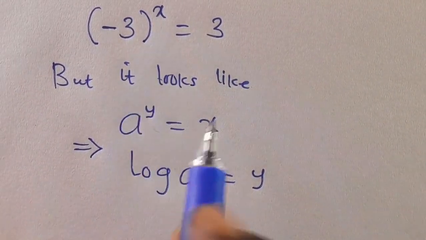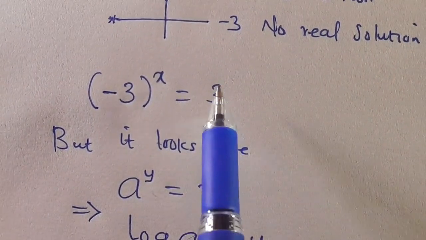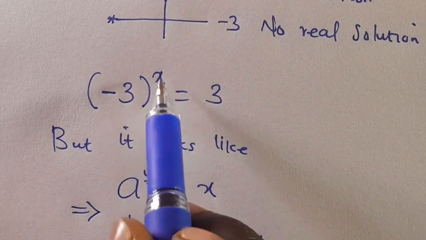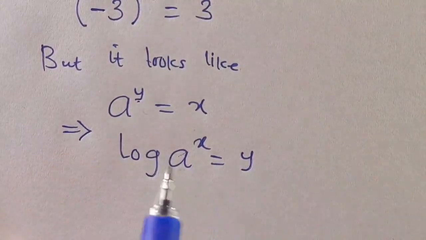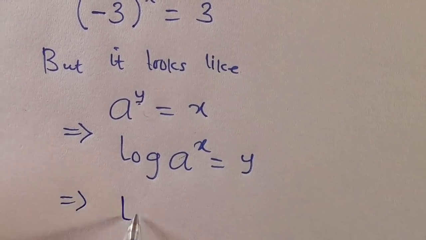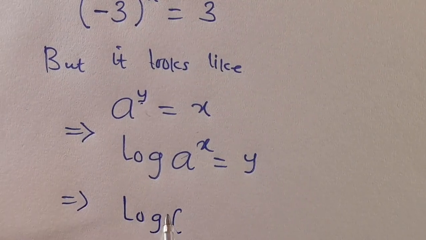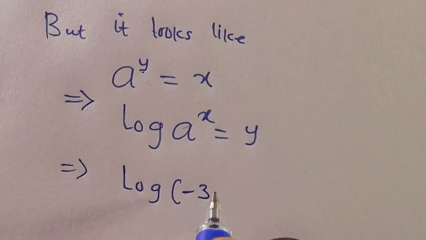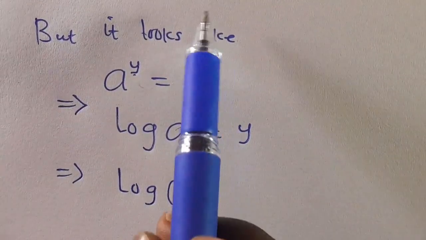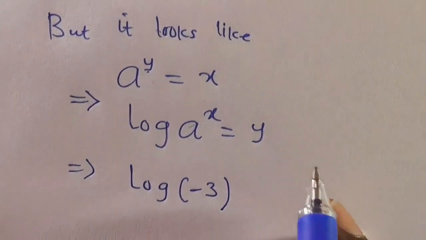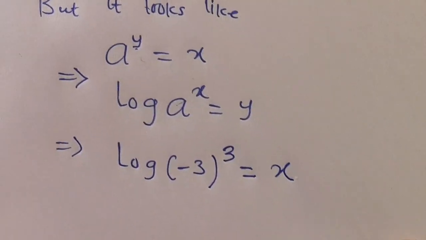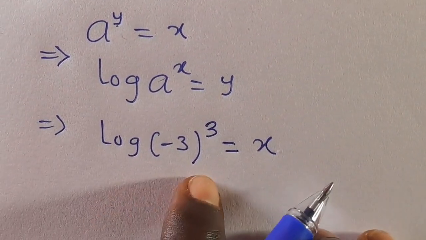When you compare this, it's as if we have our x to be equals 3, then our a to be equals minus 3, then our y to be equals x. So by applying it here, we are going to have log of 3 to the base minus 3 equals x. That means this is what we're going to have.